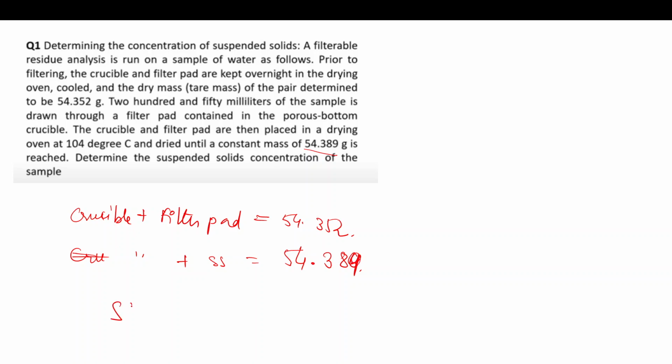So when you want to find the weight of suspended solids, just subtract the crucible and filter weight: 54.389 minus 54.352, right. That should be your answer. You can calculate it by yourself. Okay.